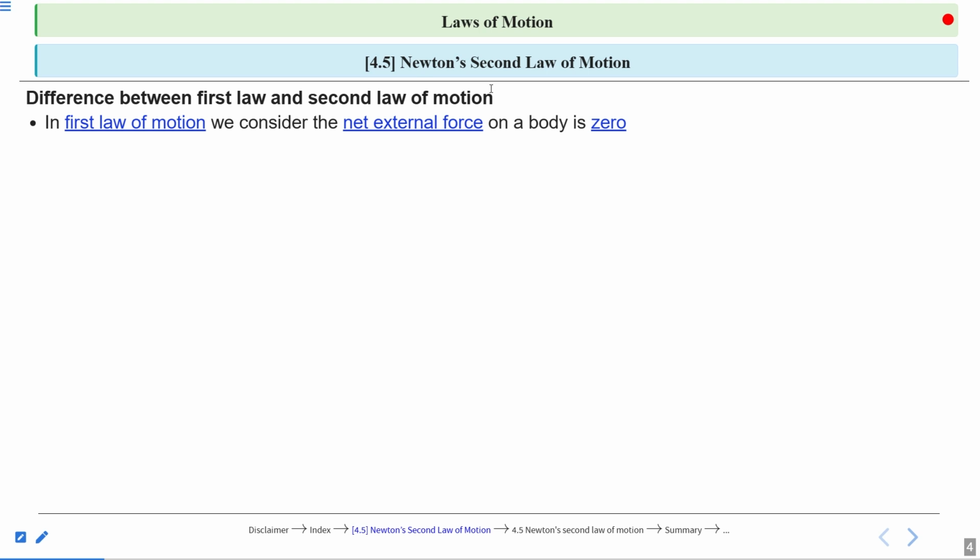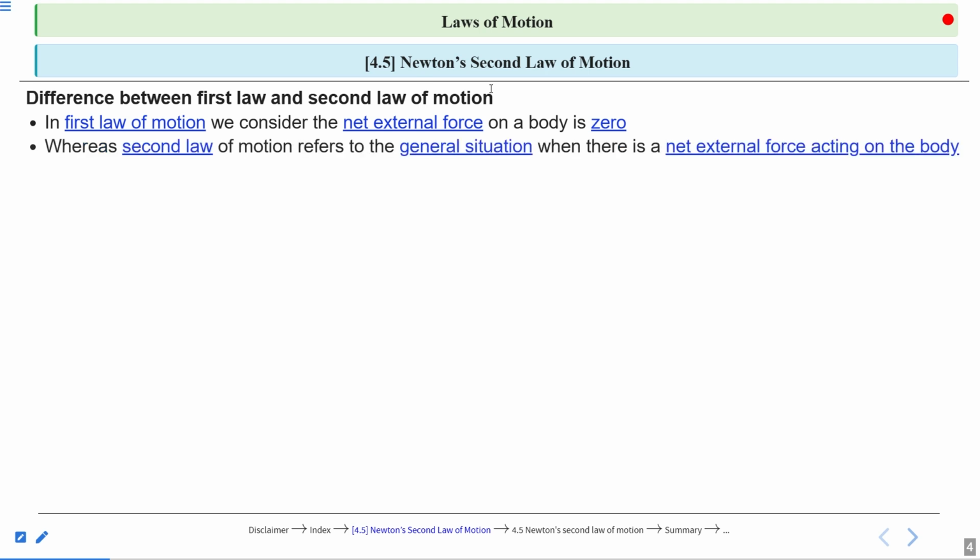So, we know Newton's first law of motion. In the first law of motion, we consider the net external force on a body to be zero. Whereas the second law of motion refers to the general situation when there is a net external force acting on the body.